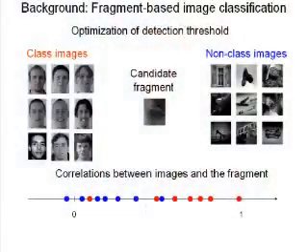How do we do it? As features, we use just rectangular raw patches of image intensities. In order to generate informative features of this type, we first generate a large pool of candidate fragments of different sizes and positions from the class images. Then, for each candidate fragment, we correlate it with both class images and non-class images.